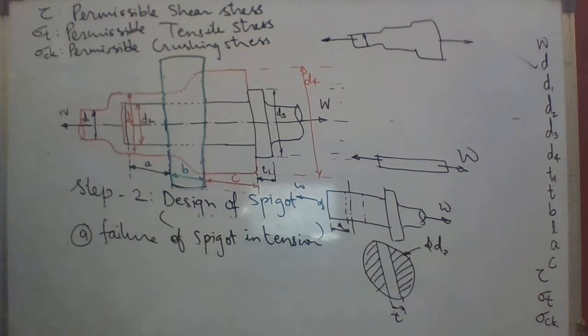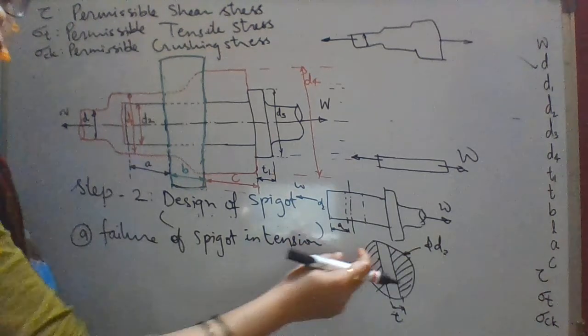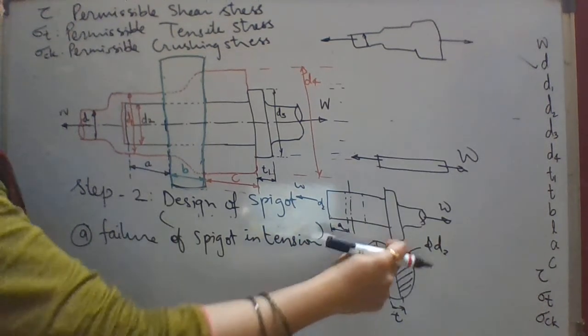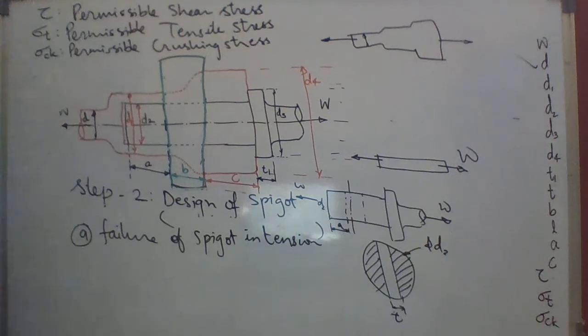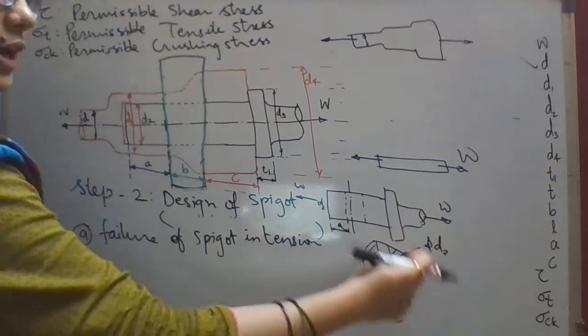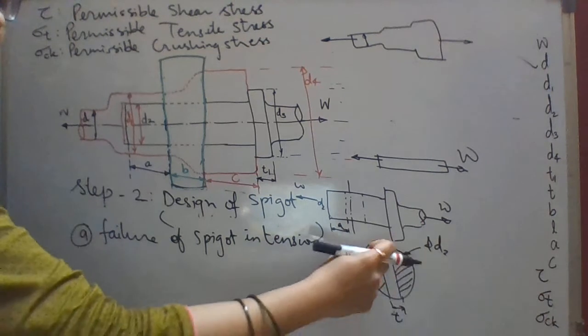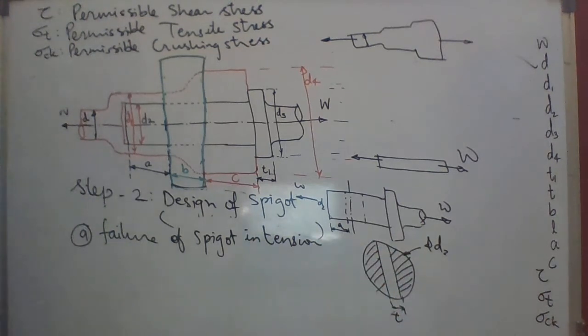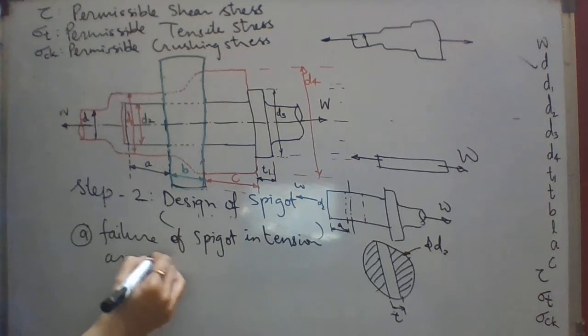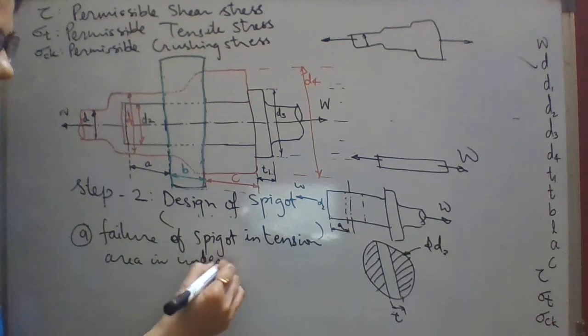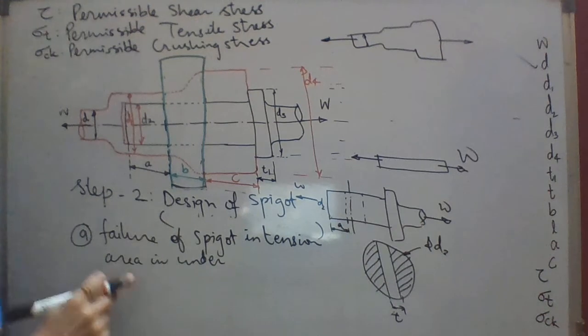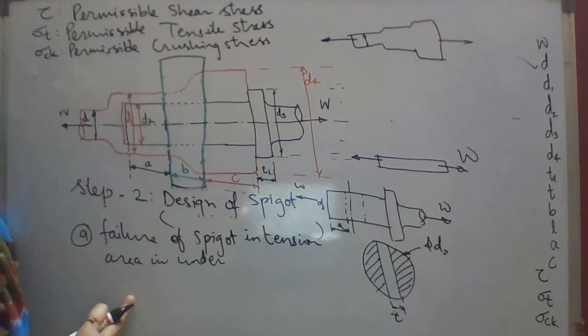So how much will be the area under tension? Can you tell me the formula for the area which is hatched? Will it be the area of this circle minus the area of the rectangle? So the area under tension, when I write like this, I consider only the area which is under this particular failure which we are discussing.